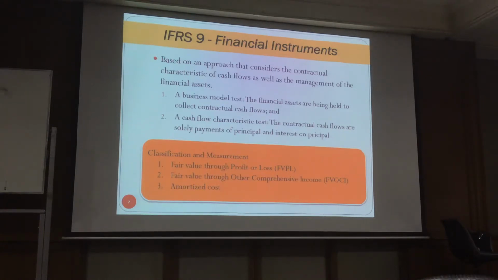If you meet the two criteria, you need to measure that financial asset at amortized cost, which is what an investment in debt security is. Because when you invest in debt, you get interest and you get principal back.